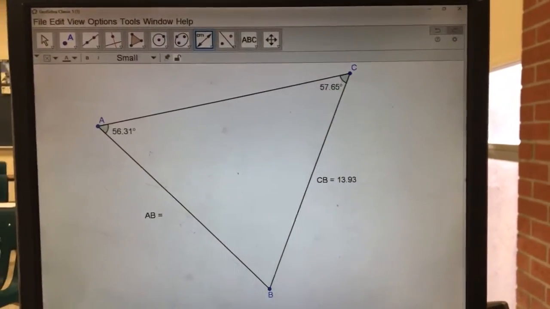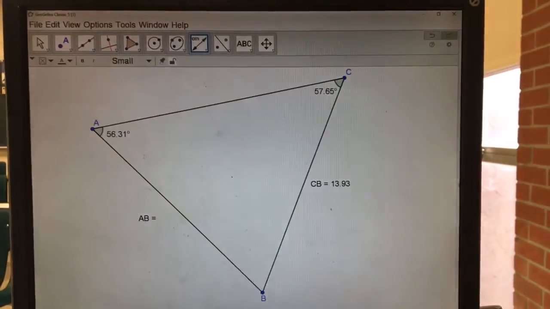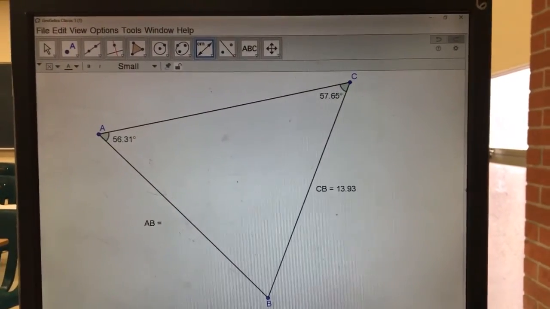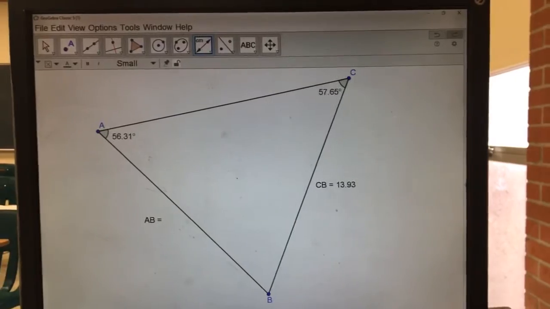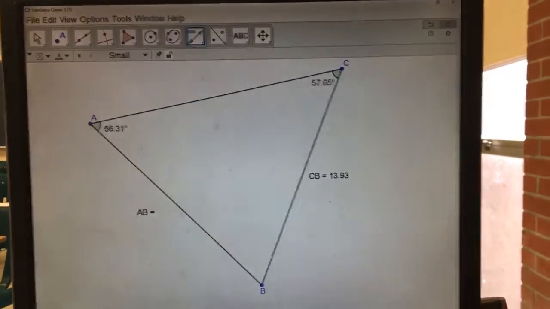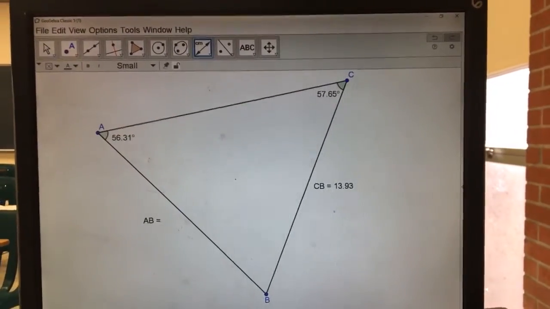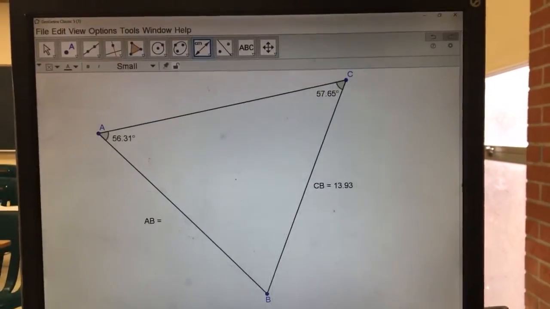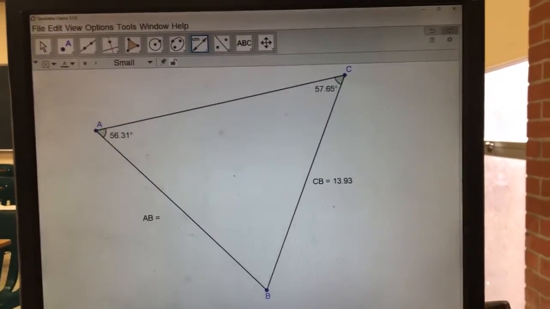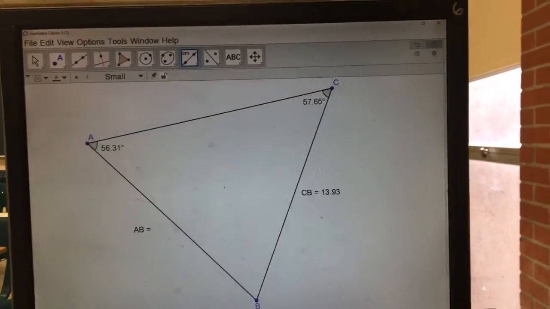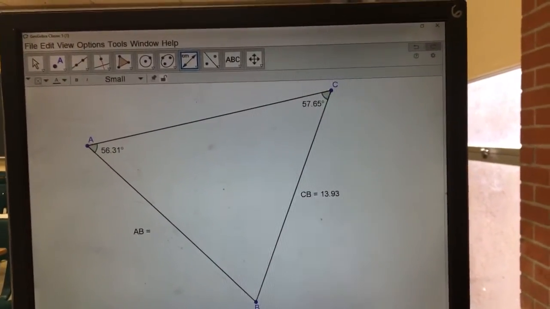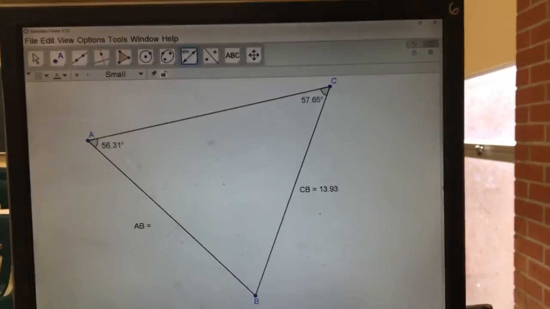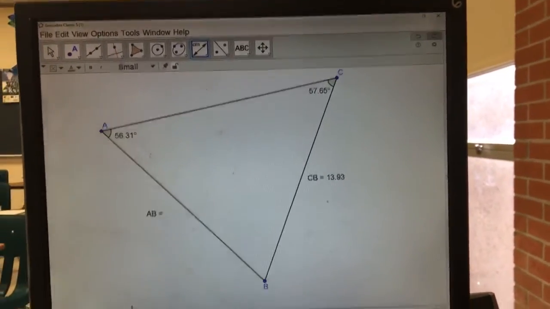I'm going to find the length of AB using the law of sines. I have a 56.31 degree angle opposite a length CB of 13.93. I'm going to find the length of AB, and I have the angle opposite AB, 57.65. So when you set this up, this is what it looks like.